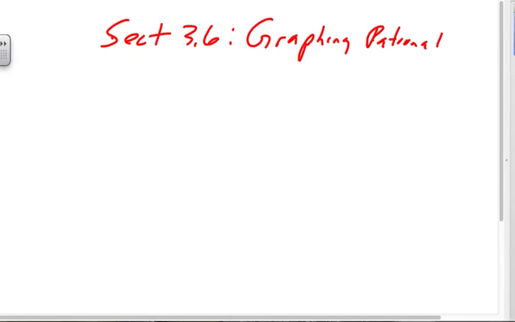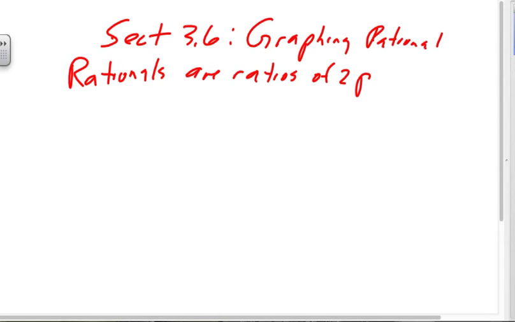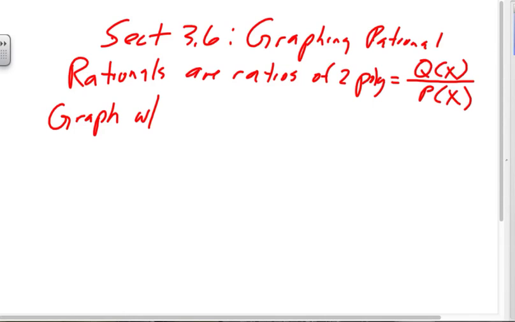Rationals are ratios of two polynomials, so it would be some polynomial of x over some other polynomial of x. Okay, and you're going to learn to do these. You're going to have to graph without technology.